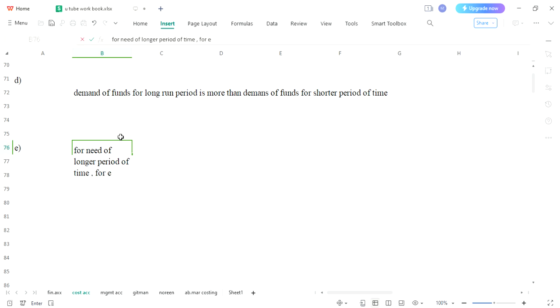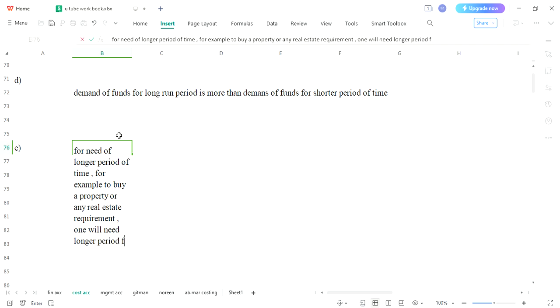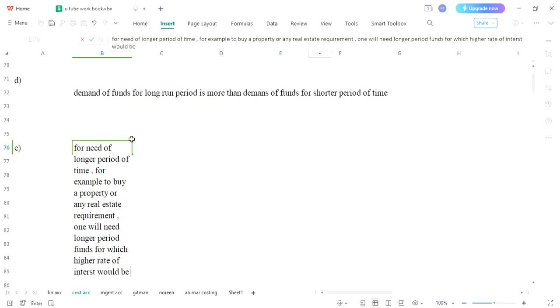For example, to buy a property or any real estate requirement, one will need longer-period funds, for which a higher rate of interest would be available.